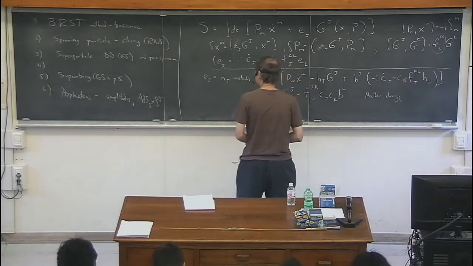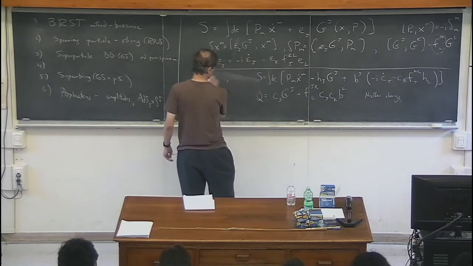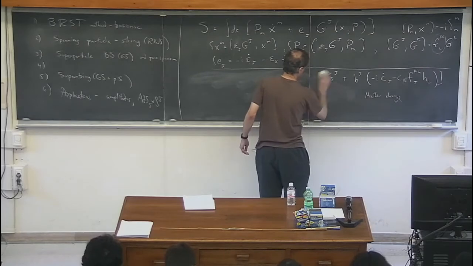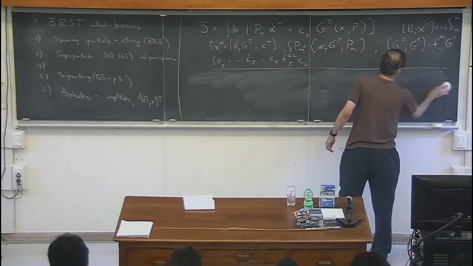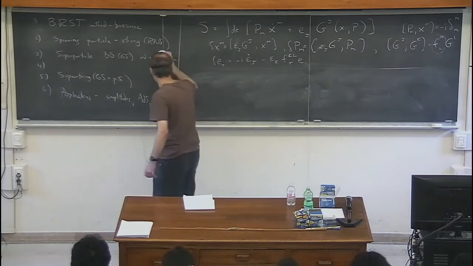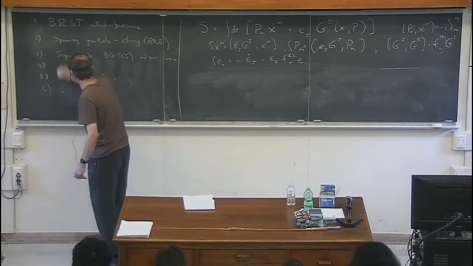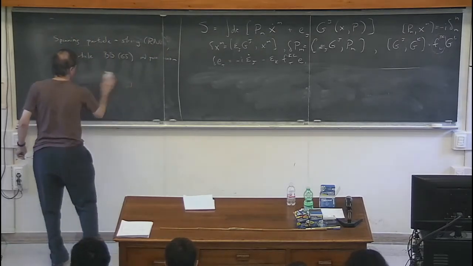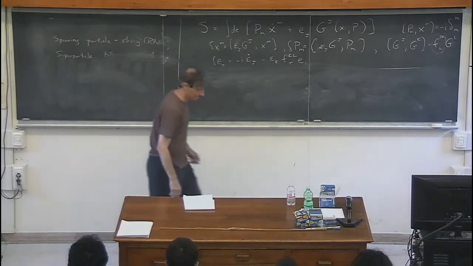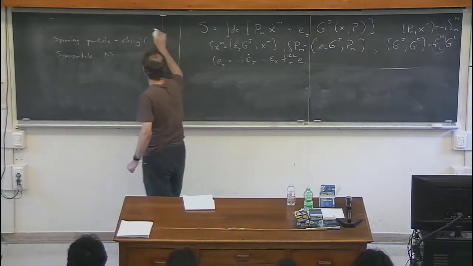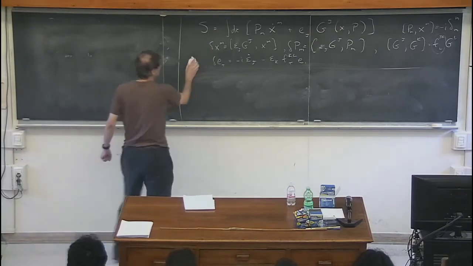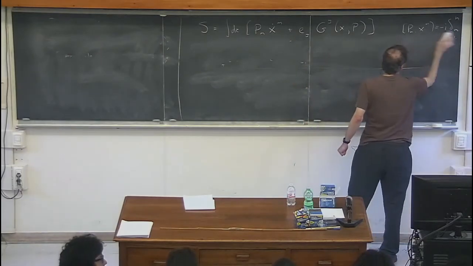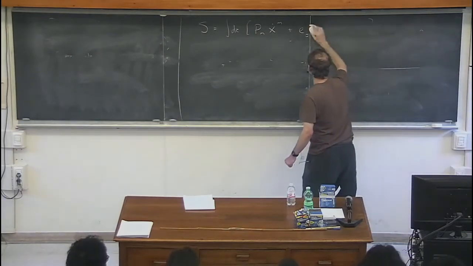Okay, so now let's just review what we did yesterday for the different cases, and if something wasn't clear, just stop me. The first case we did was just the relativistic particle, so that was just E times P squared.